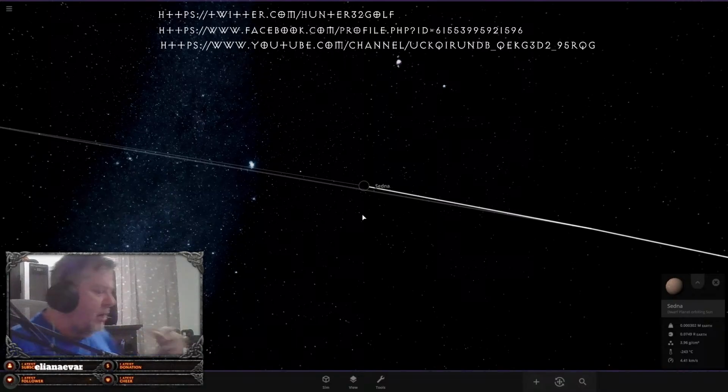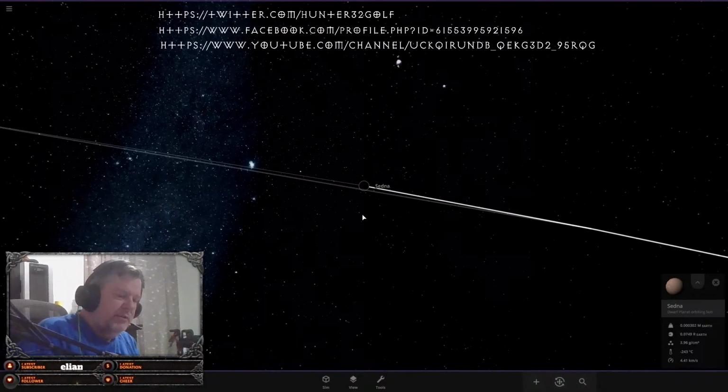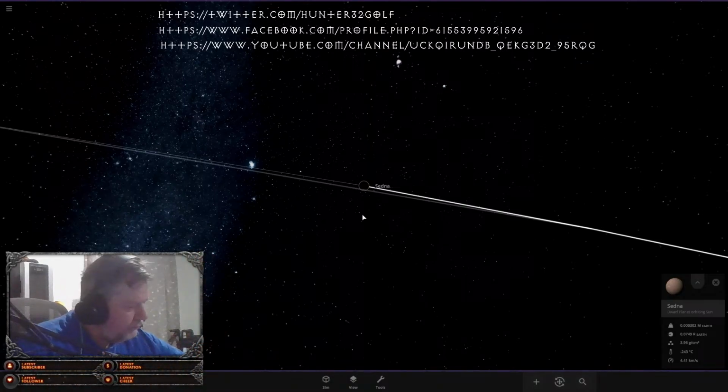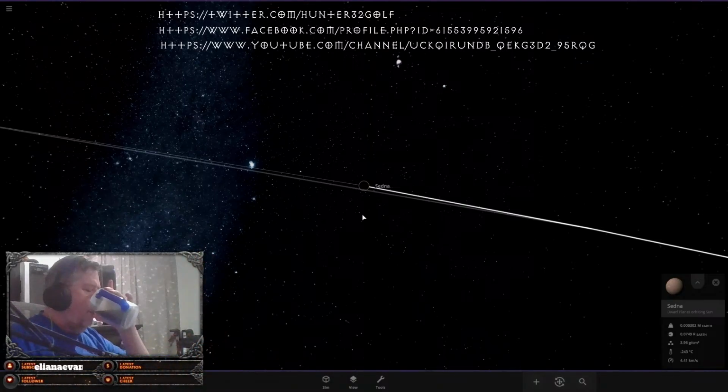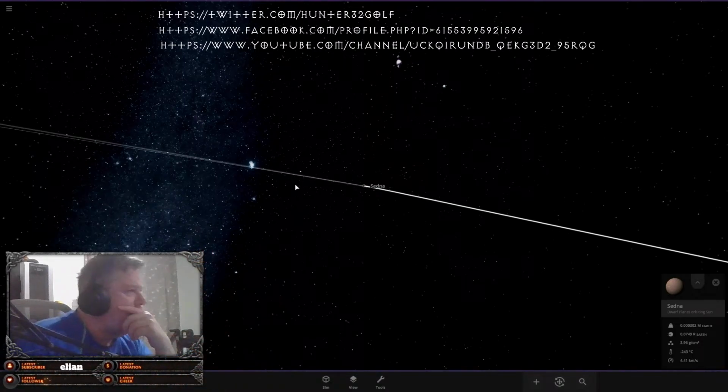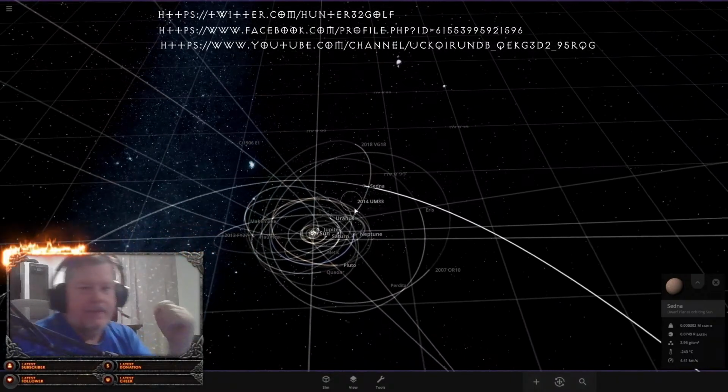That contrasts to the asteroid belt, whose contents are mainly rock and iron. So that's the Oort cloud.